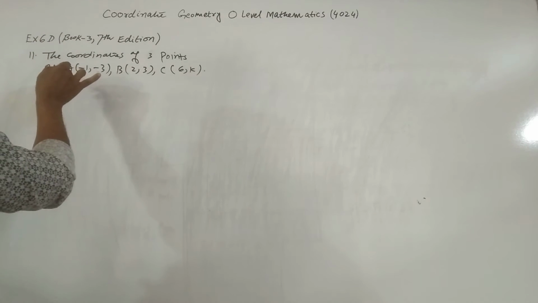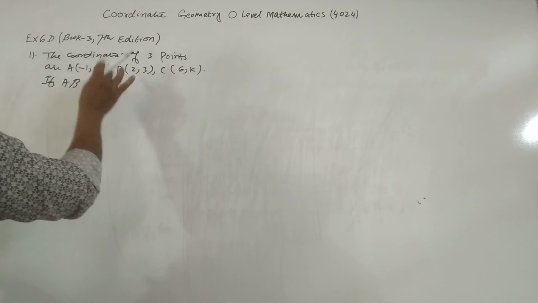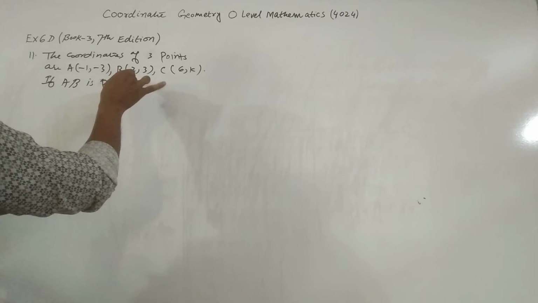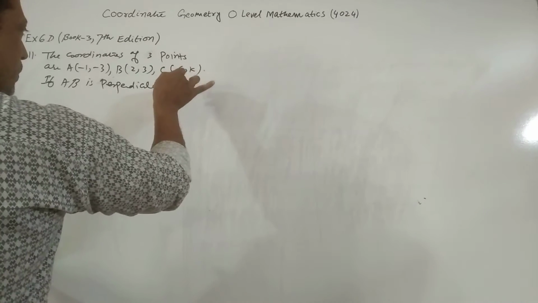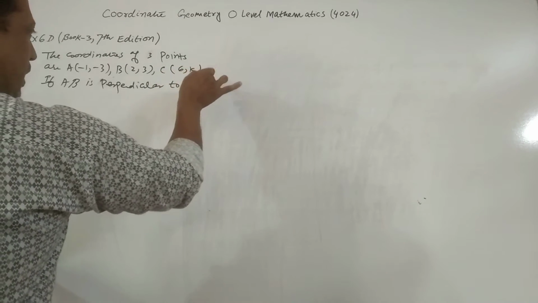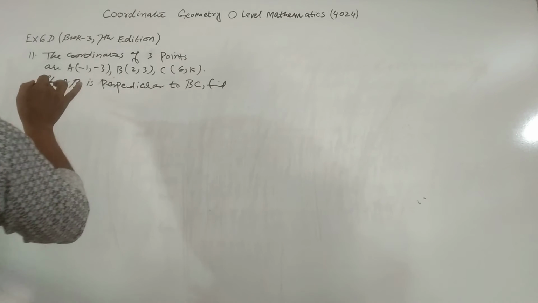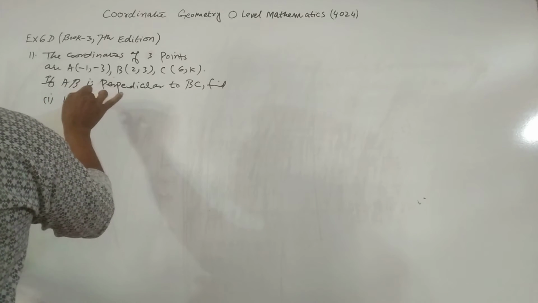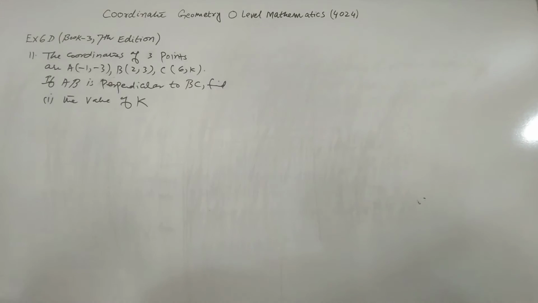If AB is perpendicular to BC, find part 1: the value of k. Very easy part.